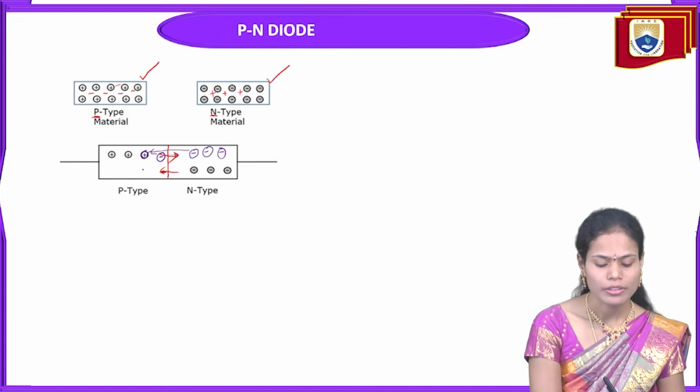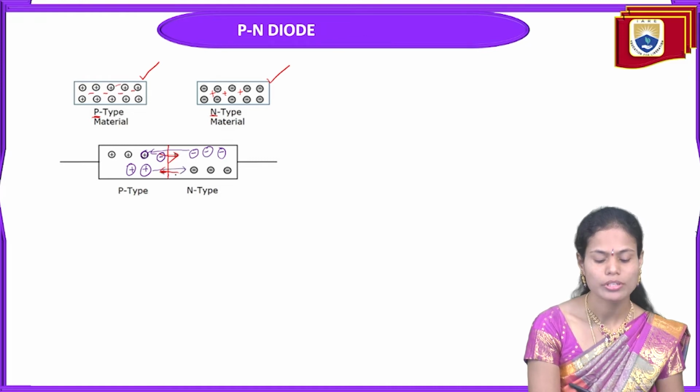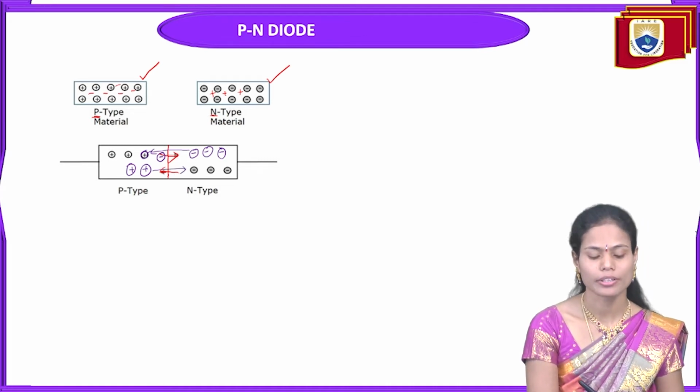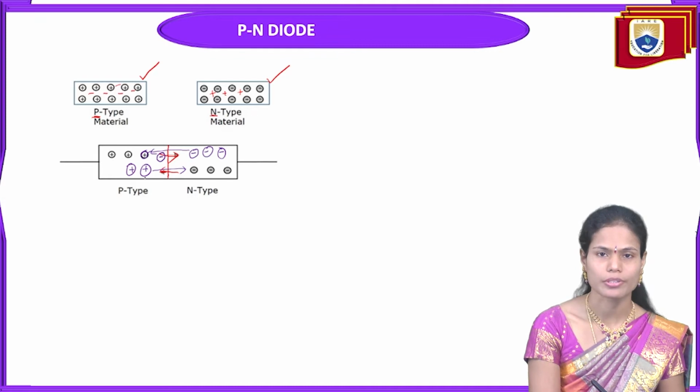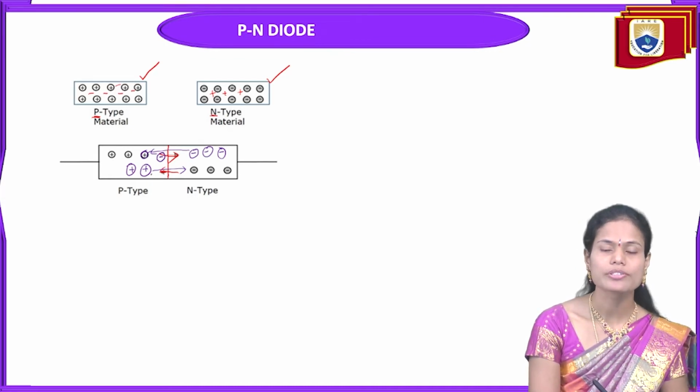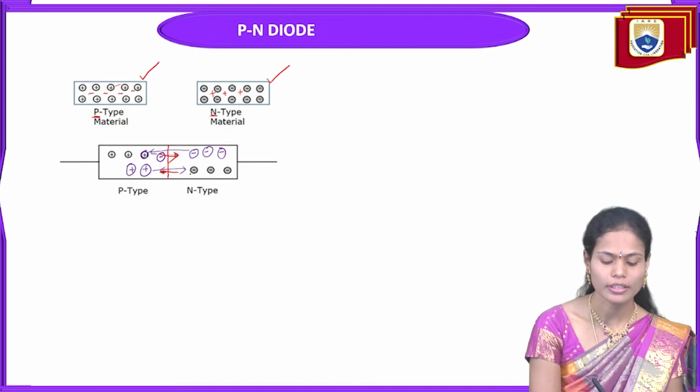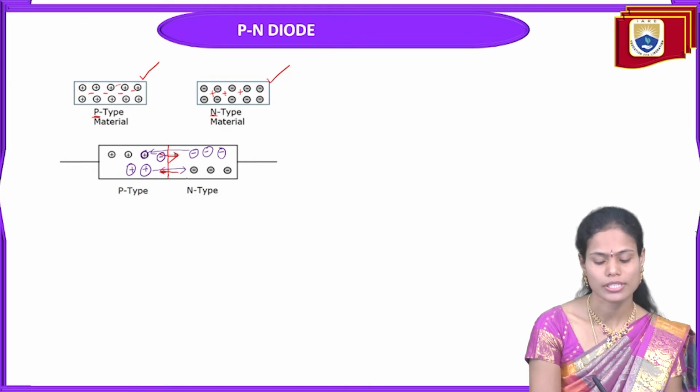Similarly, the holes in the P type material try to diffuse towards the N type material. Once a hole moves across, it combines with an electron present in the N type material and becomes a positive immobile ion.